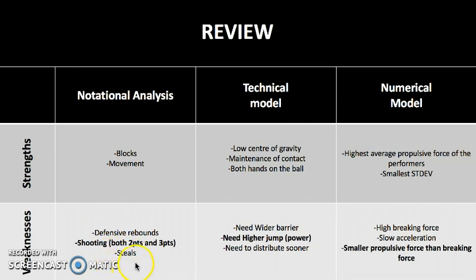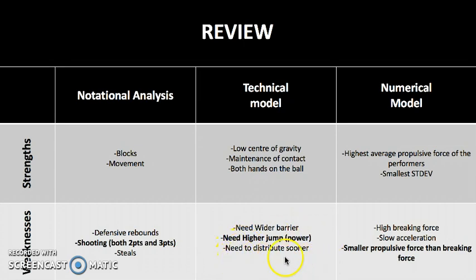And we have steals. Looking at the technical model, their weaknesses were that they needed a wider barrier. They needed a higher jump, which again I will focus on, because we noticed that the propulsive impulse in both this jump and that sprint was something that could be improved on and would obviously be advantageous for both of those skills.